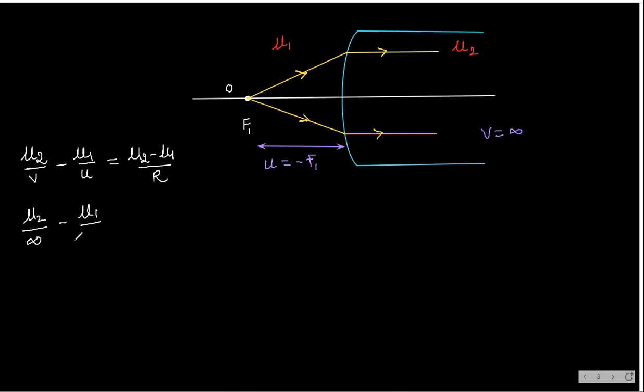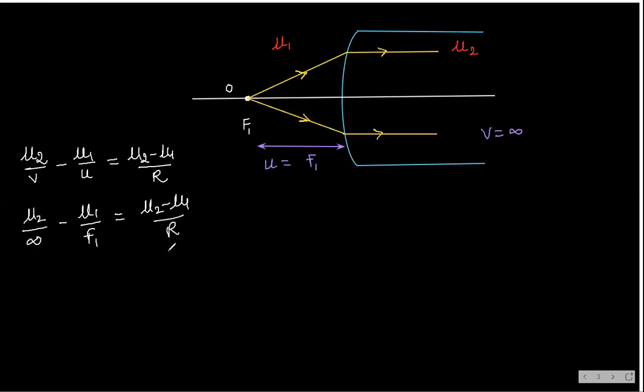How much is u here? Let's take F1 instead of the minus sign. Just F1 I am taking. Let's substitute just F1 here. What happens we will see. If I am taking F1, and this is equal to mu2 minus mu1 by R.